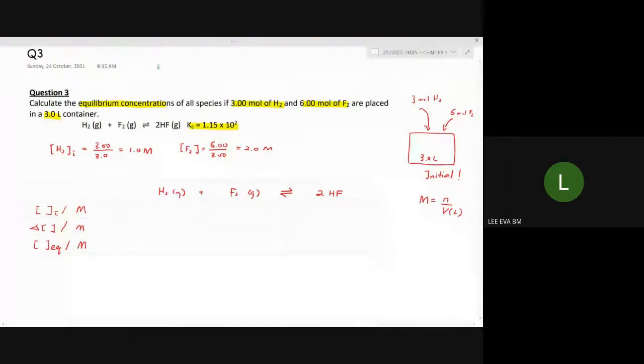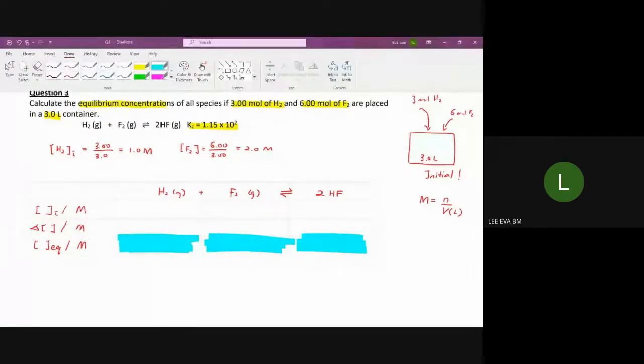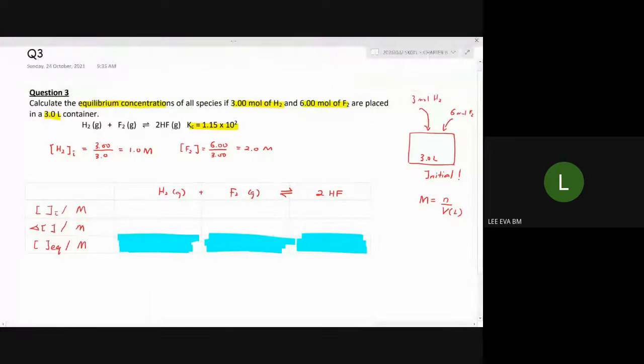Kita highlightkan target. This is my target. I want to find concentration, concentration, concentration. Okay, but don't worry, I fill in the table first. Initially I have 1 molar of hydrogen gas. I have 2 molar of fluorine. How about HF? 0.